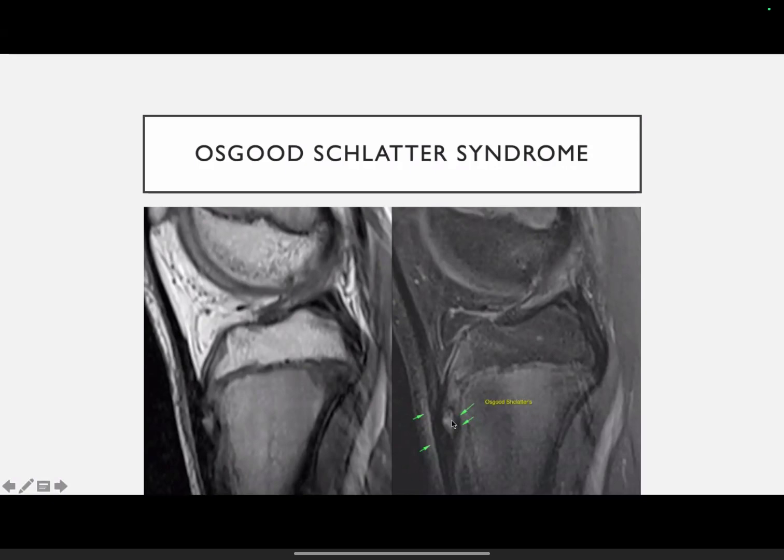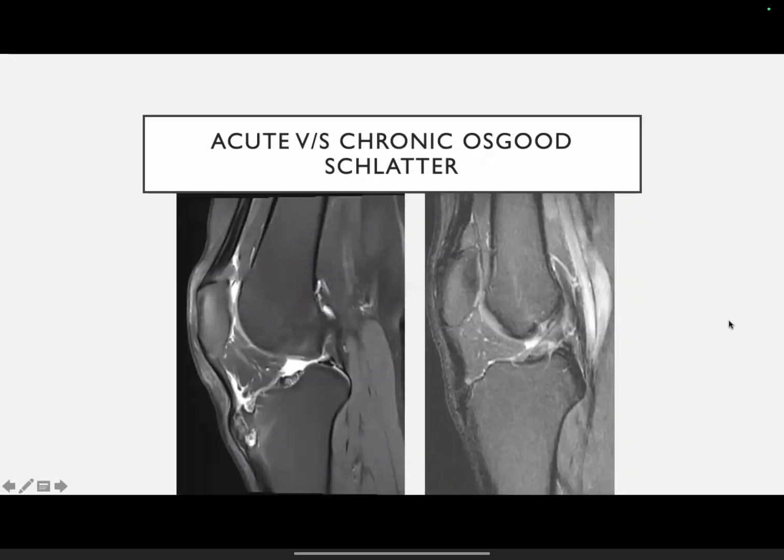There is associated pre-patellar soft tissue edema in the subcutaneous fat. The most common types of epiphysitis injuries are Sinding-Larsen and Osgood-Schlatter disease. Along with that, there is a condition with acute and chronic Osgood-Schlatter.